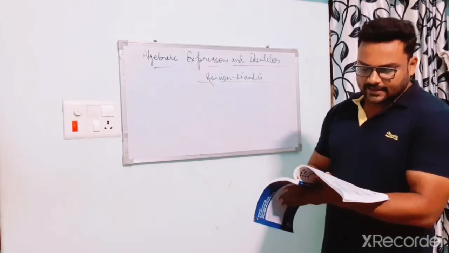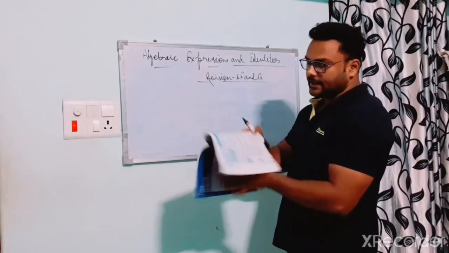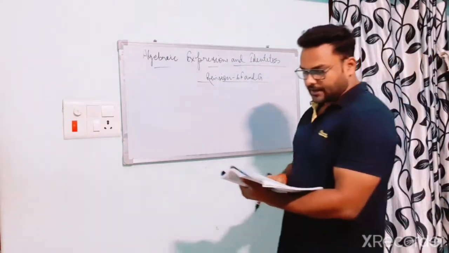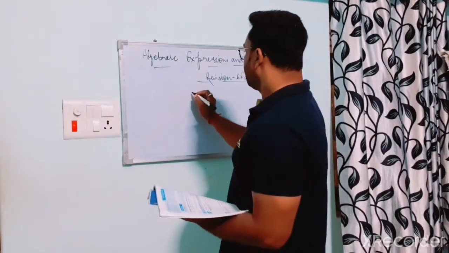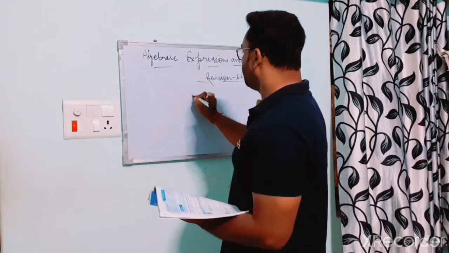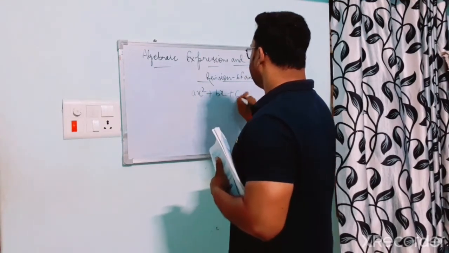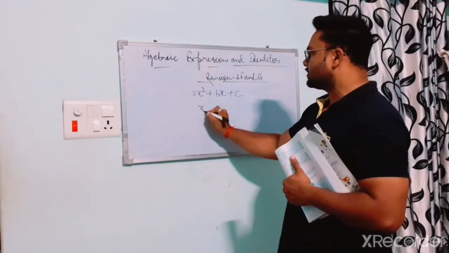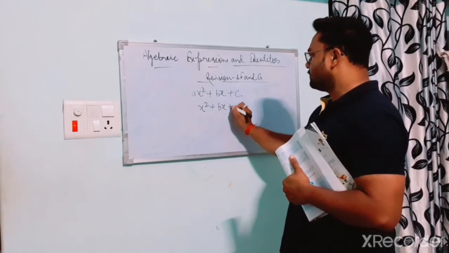Our next exercise is 6G. There also we have tried some related ones: how to factorize any expression in the form of ax square plus bx plus c. Now what is changed here? Earlier you were solving questions in this way, x square plus bx plus c.